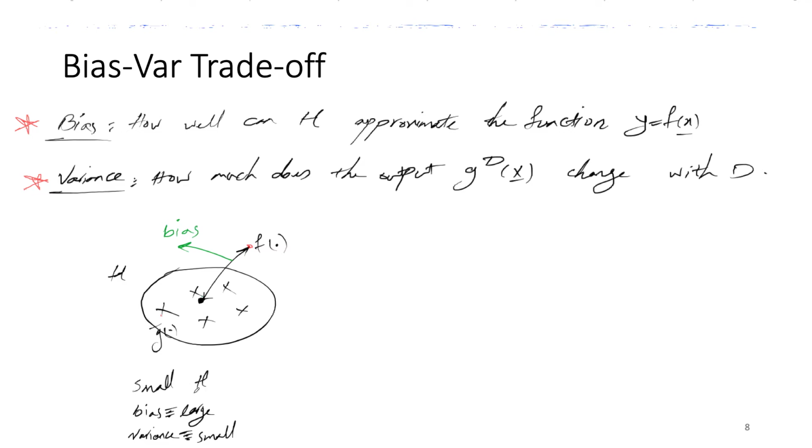So we have a small hypothesis, and the difference is huge between your estimated value and the real function. We call it bias, so the bias is large. On the other side, it doesn't change that much when you change your data points. So interestingly, when you have a small hypothesis, your variance would be small as well.